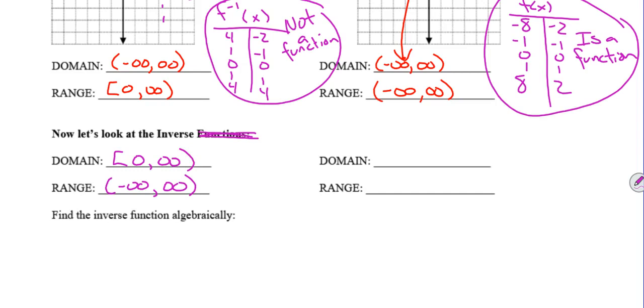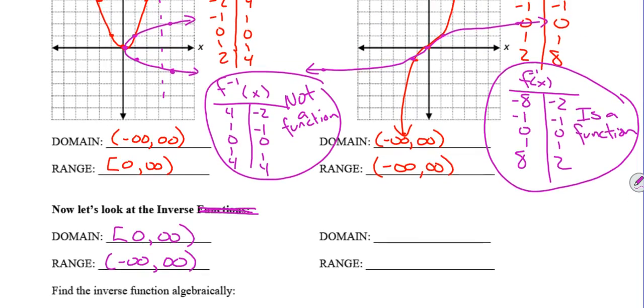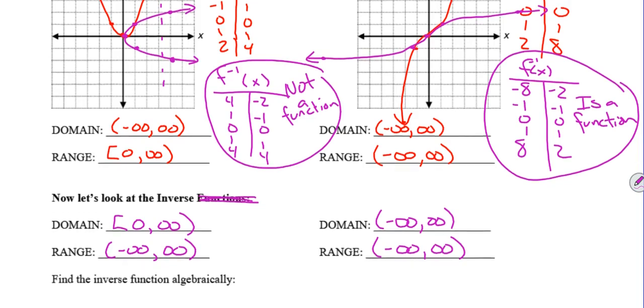And that makes sense because the x values are restricted in this first case to 0 and greater. Domain and range here, it's not really going to be a noticeable difference because they're exactly the same, but they also change positions as well. Okay? So this gives you a little bit of an idea about inverses again.